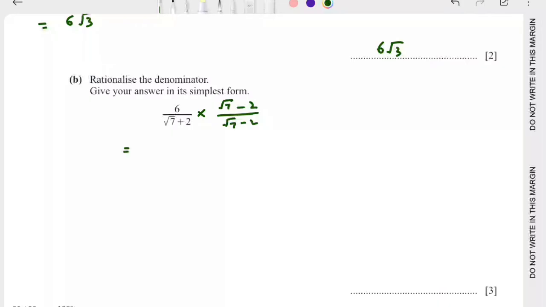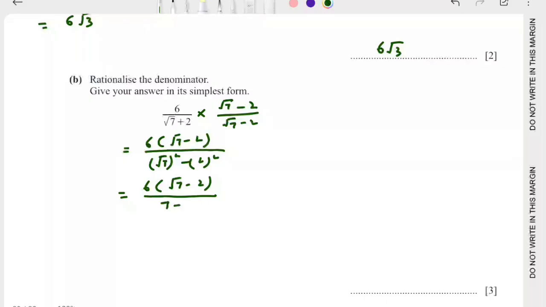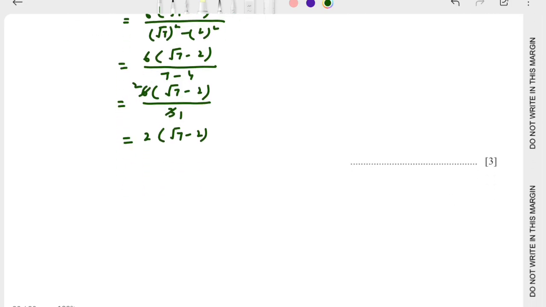So it will be 6 bracket opens under root 7 minus 2, over the square of root 7 minus the square of 2. So it would be 7 minus 4, which becomes 3. 3 1s are 3, 3 2s are 6. So the final answer would be 2 bracket opens under root 7 minus 2. So this is the final answer.